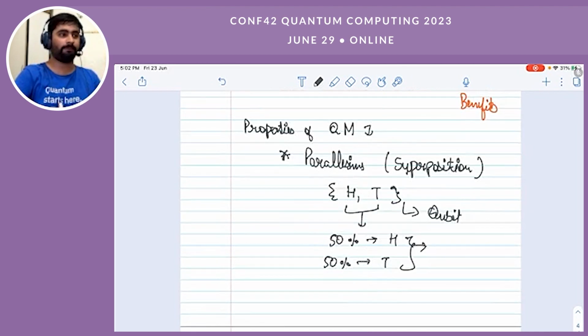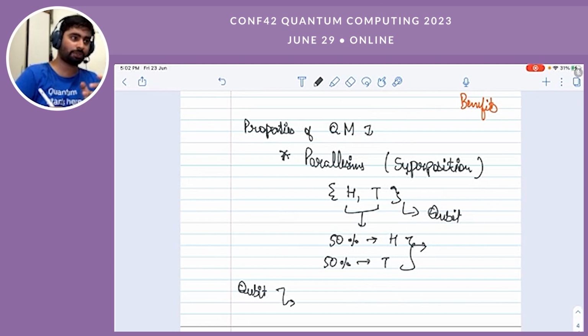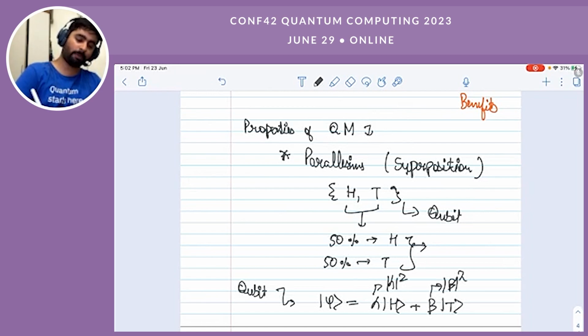As I have previously mentioned, I'm considering this coin to be a qubit, and any qubit should have a state defined with the help of this alpha and beta component, where the square of alpha and the square of beta is the probability of this particular state psi, after measurement, giving either heads or tails.